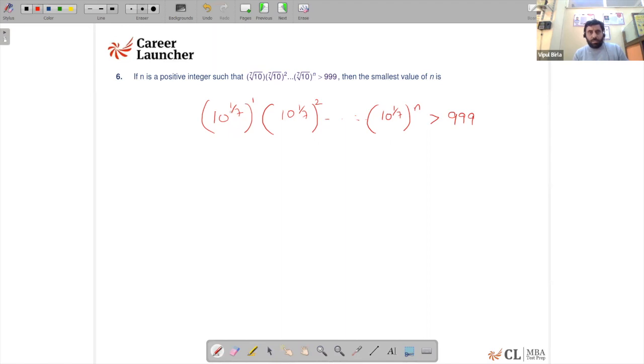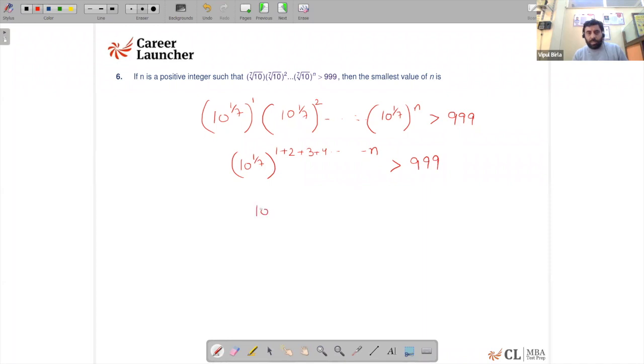So I know, since the base is same and the values are in multiplication, the powers will get added. Therefore, it can be rewritten as 10 to the power 1 by 7 whole to the power 1 plus 2 plus 3 plus 4 and so on so forth till n. This value has to be greater than 999.